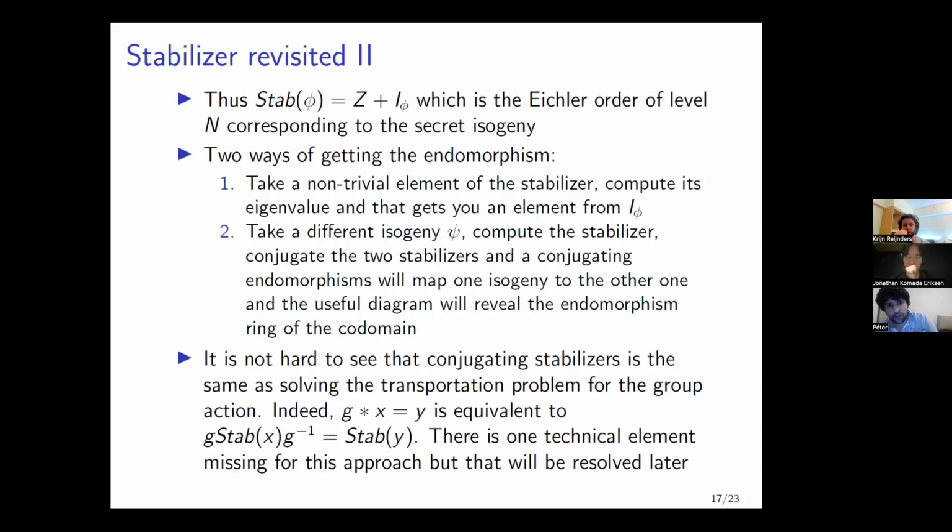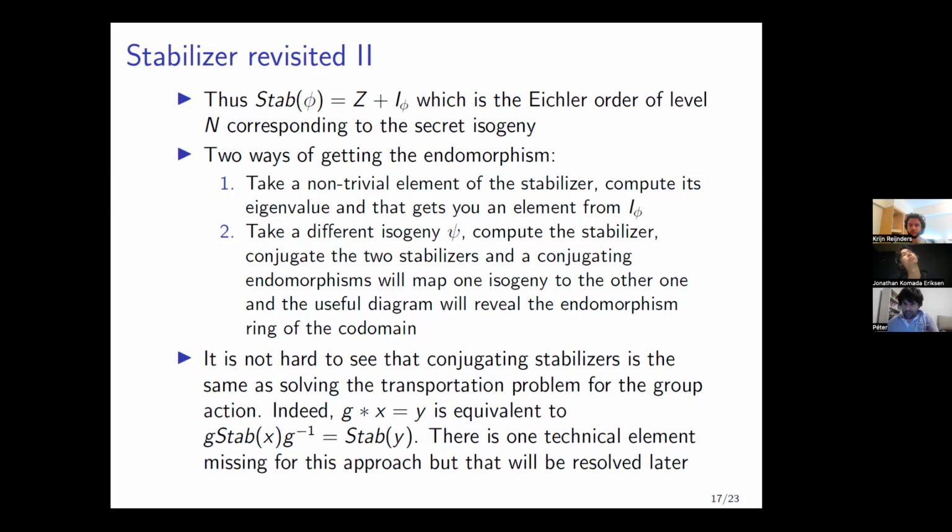So this is the linear algebra approach, where you look at matrices and their eigenvalues. The other approach, which is more the natural kind of approach, is going back to this EC21 idea a little bit. I have a secret isogeny, and I computed its stabilizer. Now I choose a different isogeny, but this time I was the one doing the choosing, so I know the stabilizer already.